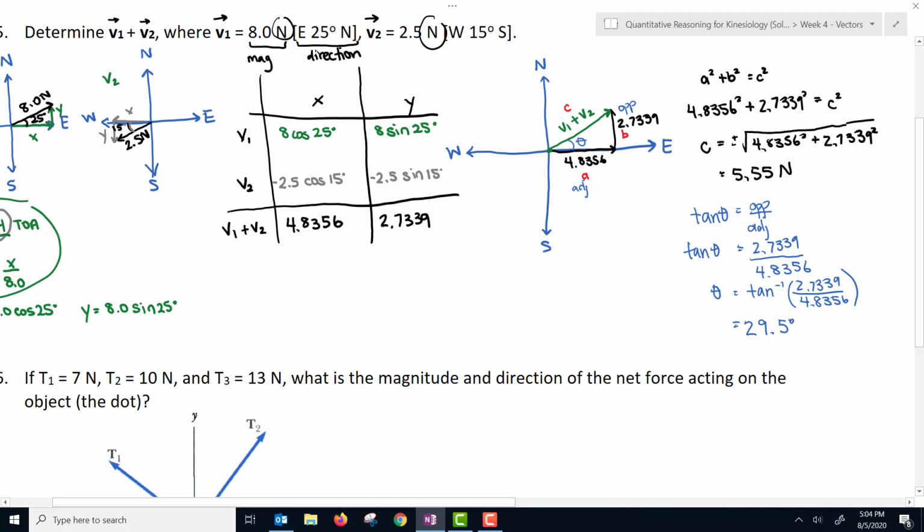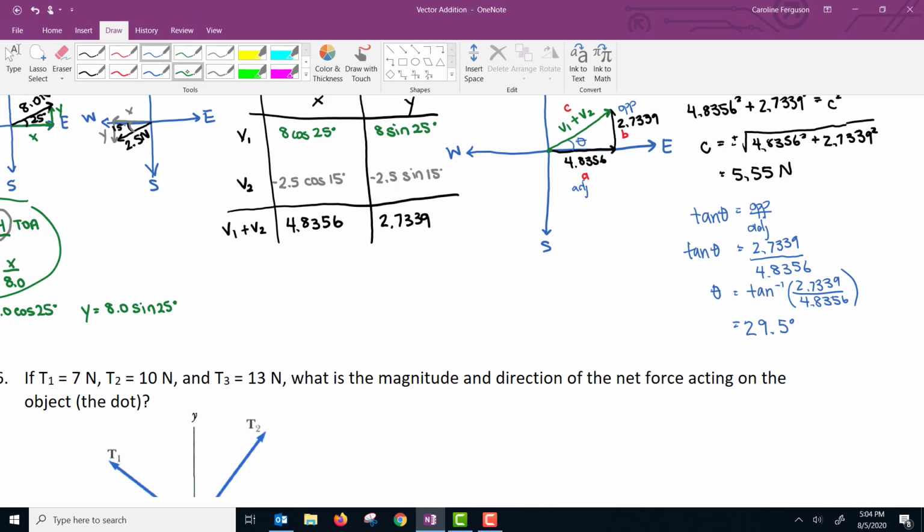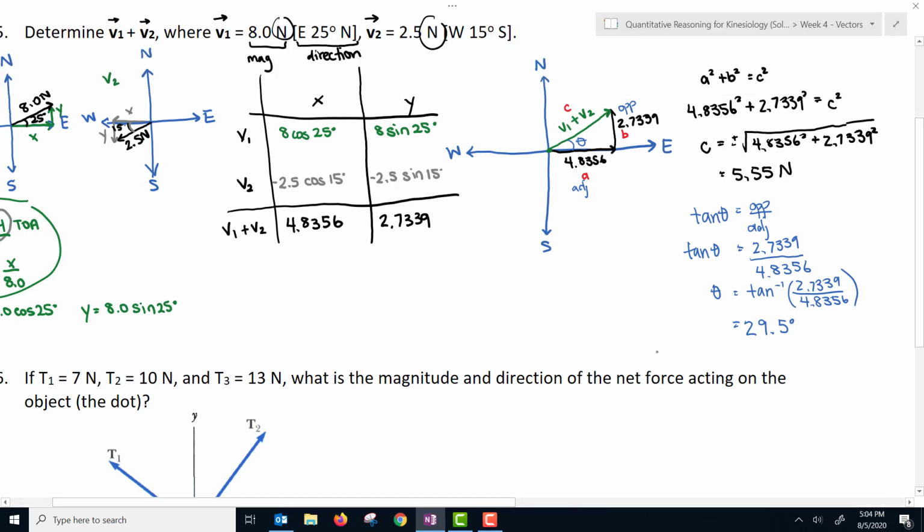Whew, I'm almost done. This is a really long question. So now my final answer is that V1 plus V2, as a vector, is equal to 5.55 newtons. And now for the angle.